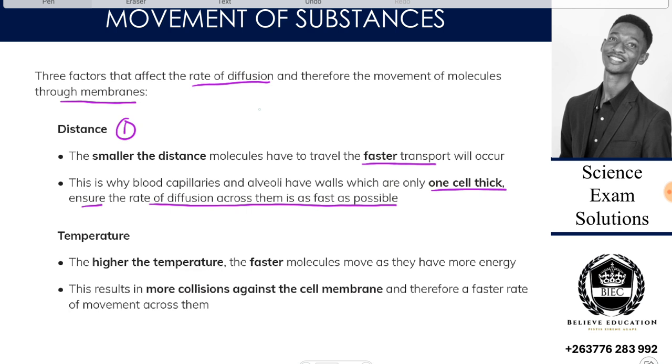Let's say for example this molecule of ours is here and our membrane is 1 cell thick, like this. For a substance to move from here to there, the distance it travels across the membrane is small.